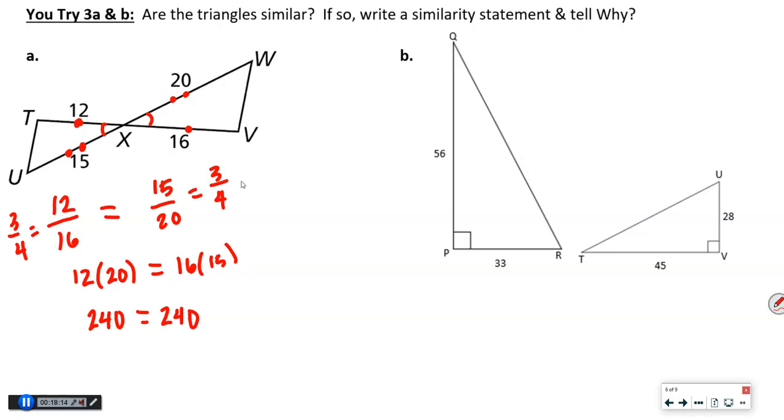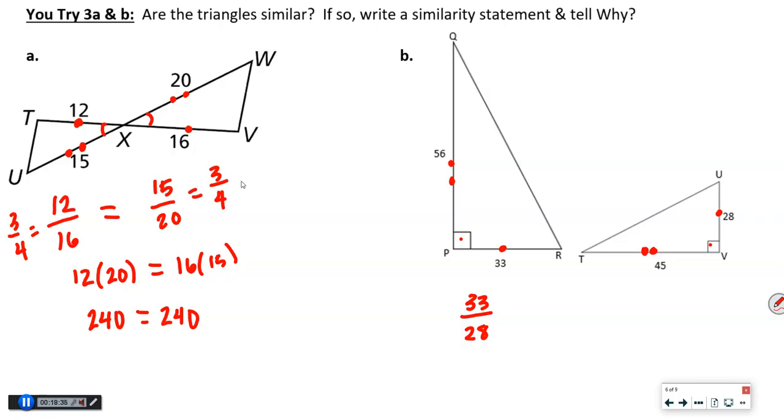All right, so this next one, again, we're going short side. Notice we have a right angle and a right angle, right? So short and short over long, with long over long, okay? So we're going to go 33 over 28.